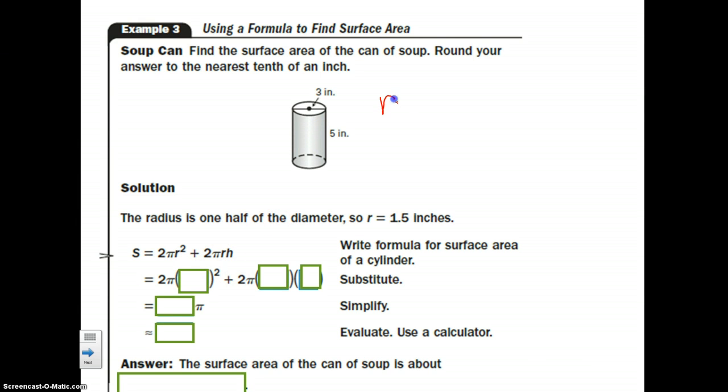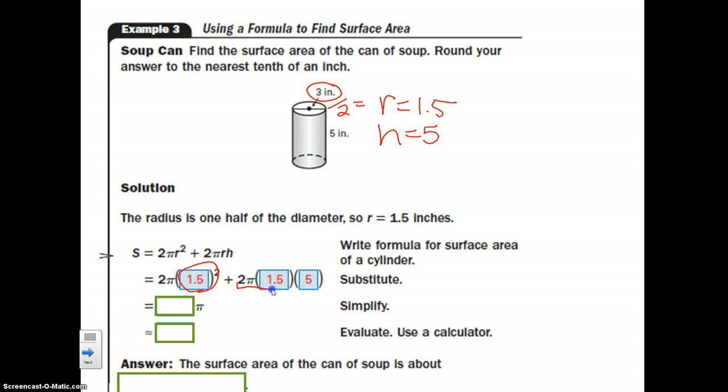So what is the radius? And you need the height. The radius is half of 3. So half of 3 is 1.5, and the height is 5. Plug in what you know. Square this first. Then multiply by 2, multiply by pi.